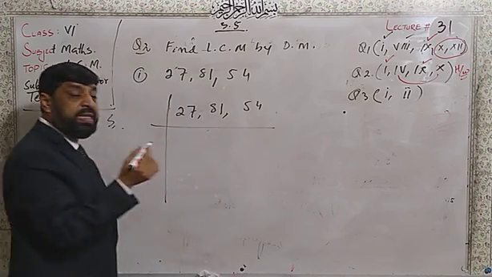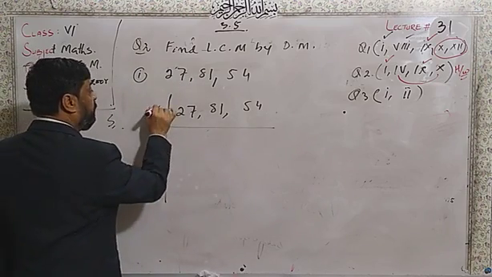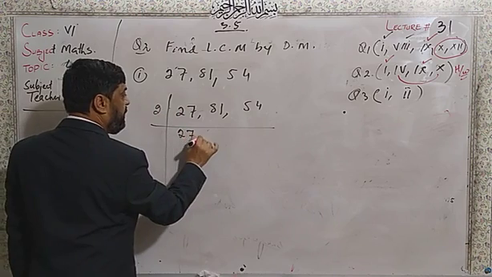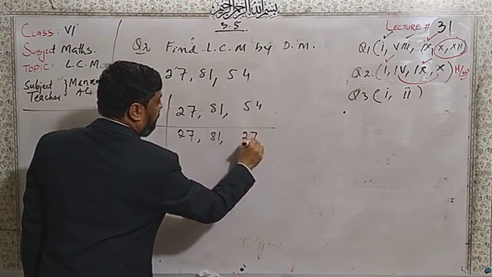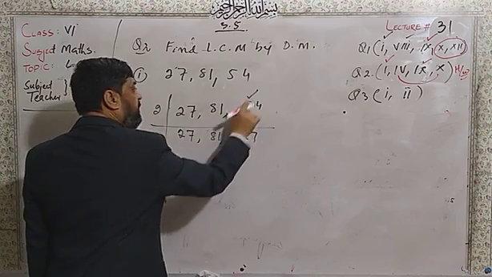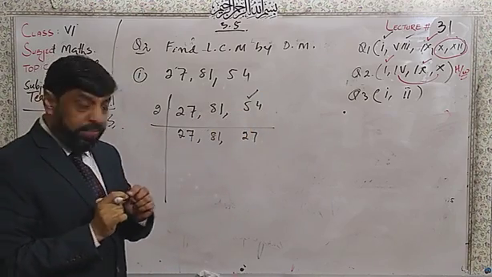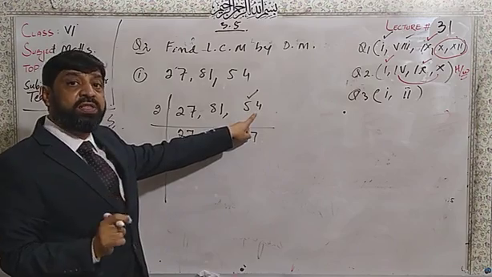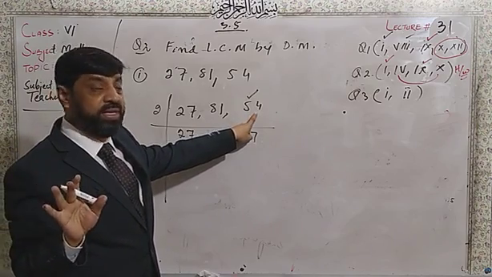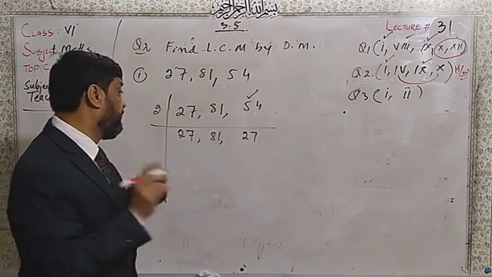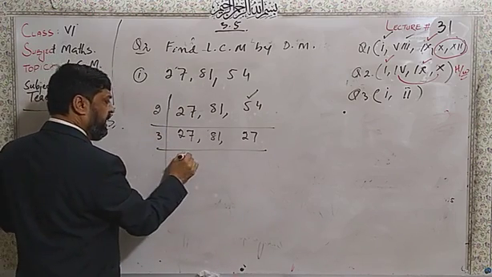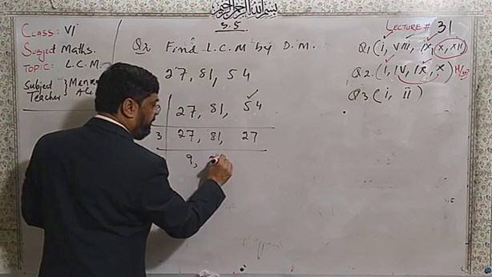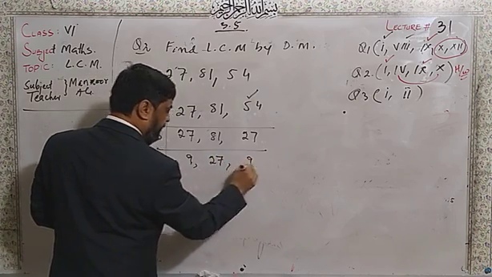I will start from the least prime number, that is 2. 27, 81, 54: 2 divides 54, 27 times. Again, the smallest prime number 3: here 9 times, here 27, here 9.